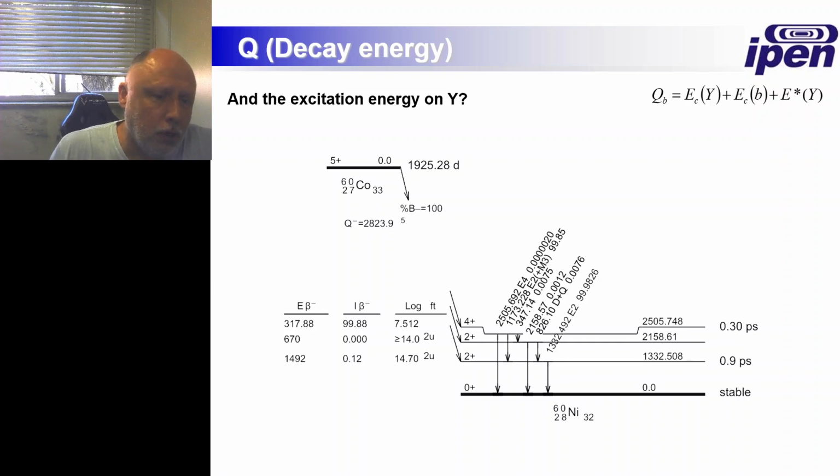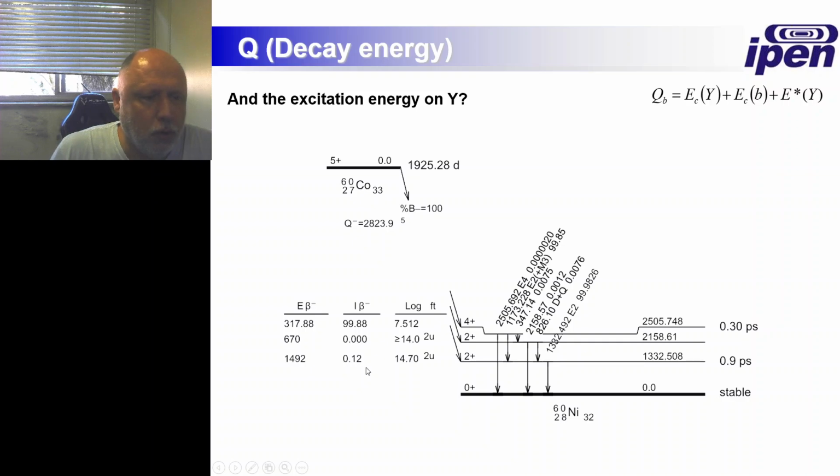And if we look at another very common calibration source, which is cobalt-60, right? 100% of the times it decays by beta minus. You see now there's no chance this decay will go straight to the fundamental state. So every time a cobalt-60 source atom decays, the nucleus decays, it will go to an excited state of nickel, not to the fundamental one.